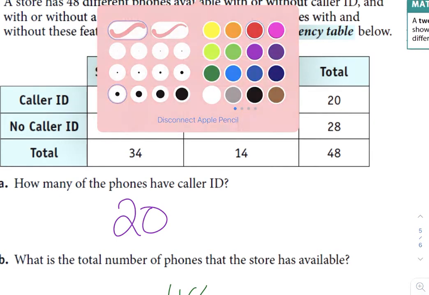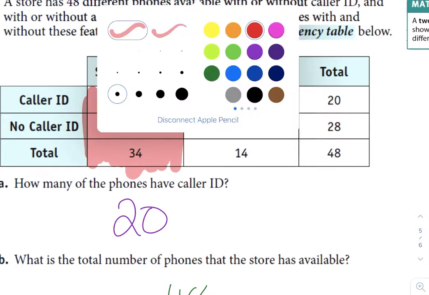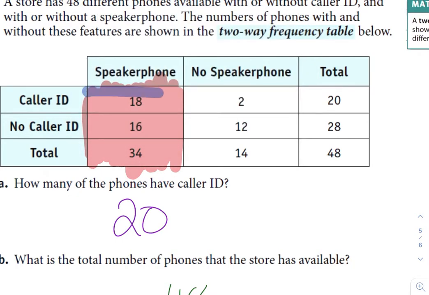So again, we have speakerphone, which I'll do in red, or caller ID, which is blue. Now, it could be any one of the blocks in those rows and columns. And I'm going to erase the totals, right? Because we want to focus in not on the totals of anything, but the individual cells that we're talking about.